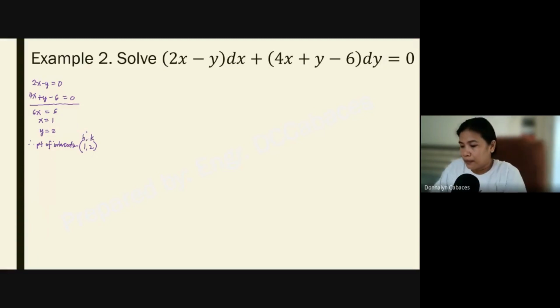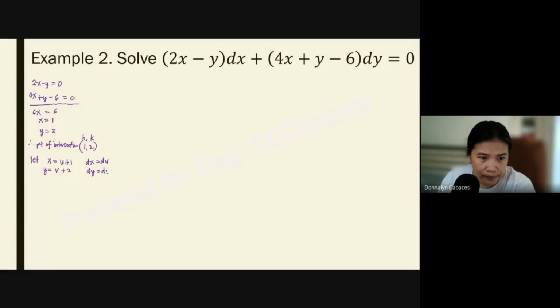So what is the next step? We let x be u plus h, so u plus 1, and y is equal to v plus 2. Then dx is du and dy is dv.